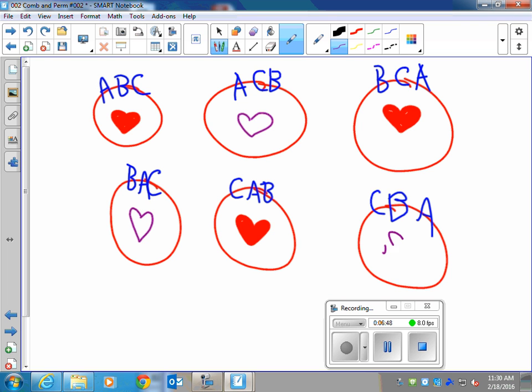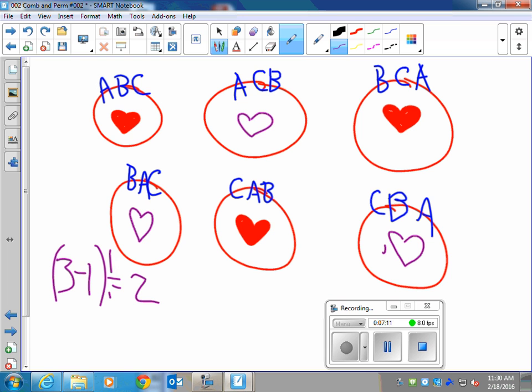Yep. So what this means is that we started with 3 different objects, and we ended up with 2 different arrangements. And if you went 3 minus 1 factorial, you would get it. So in a circle, you just take the total minus 1 factorial, and you'll get it.